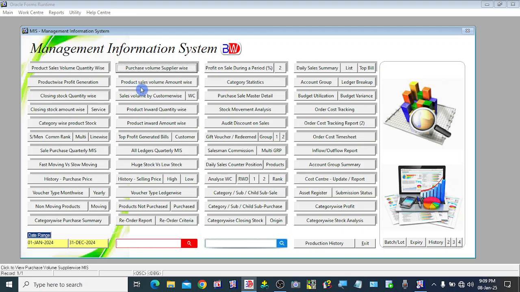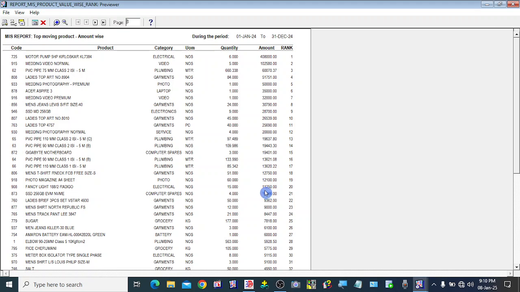I want to know which product we have sold more in a specific period of time. In this way also you can identify the fast moving product. Click on this product sales volume, amount wise. So we can very easily identify which is my hot selling product with the help of this report.